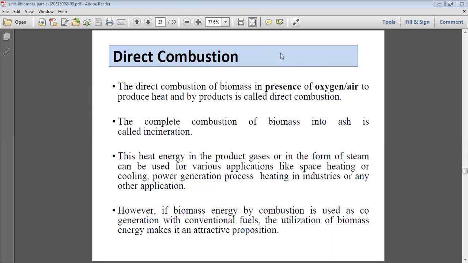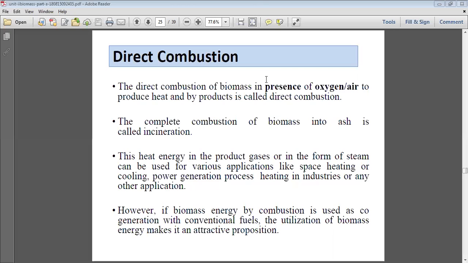What it says is, if we are using biomass energy by combustion in co-generation with conventional fuels, we are utilizing the heat of the biomass and then again using it in co-generation, like in a thermal power plant, so that we take off the load from the conventional fuels.